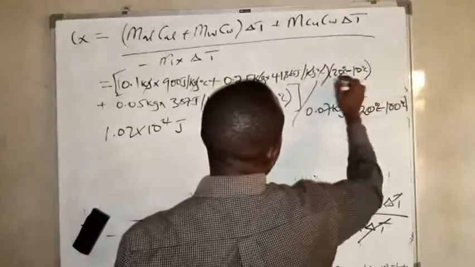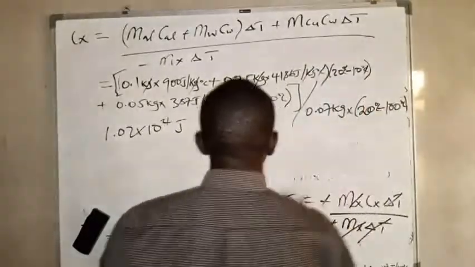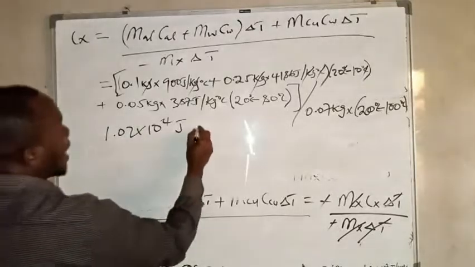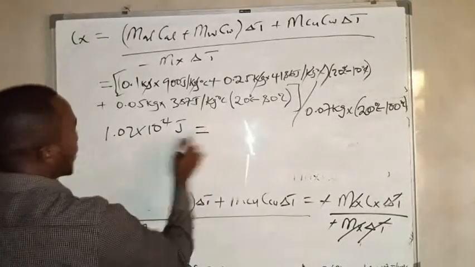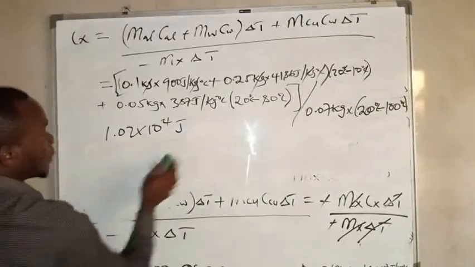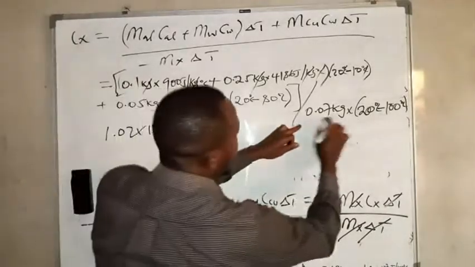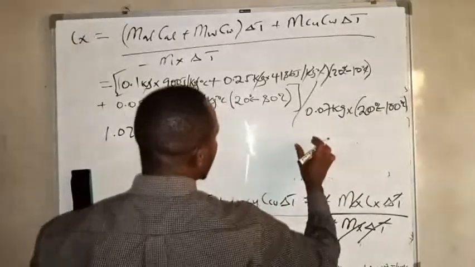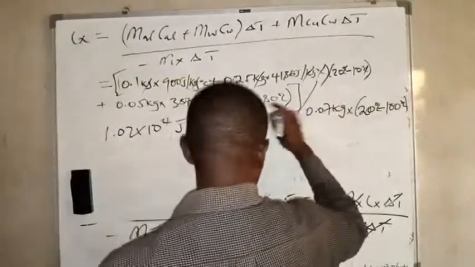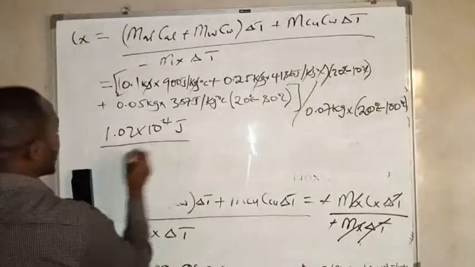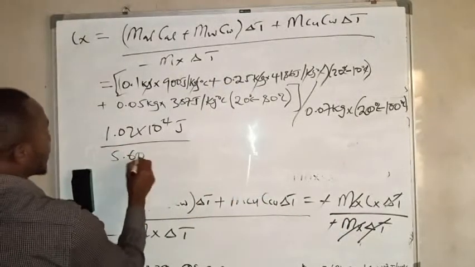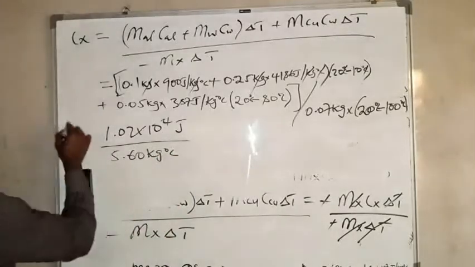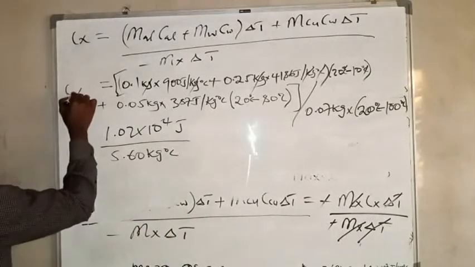This side will just be joules, over, since we are just dividing, this times this, 80 times 0.07, which is 5.60 kg degrees Celsius. So this is our Cx.